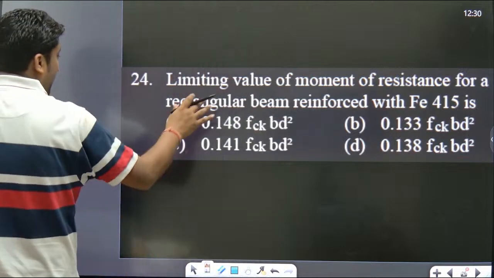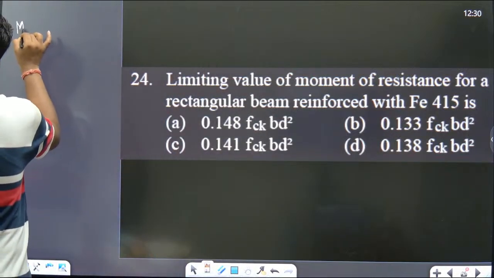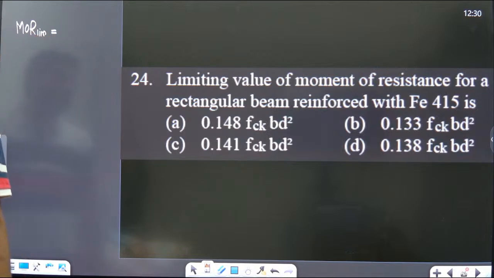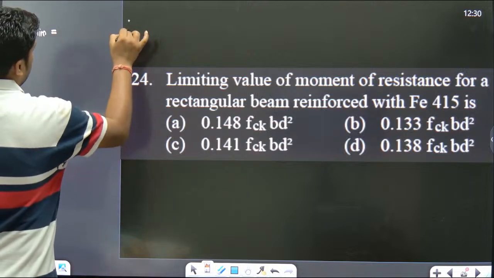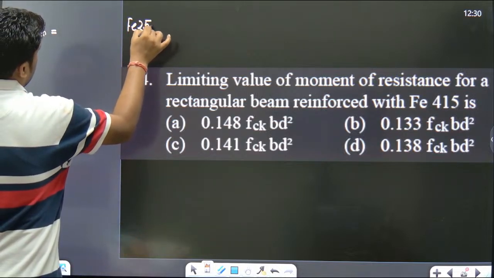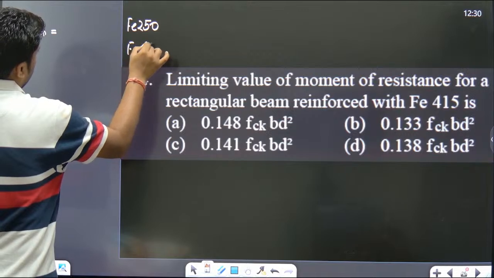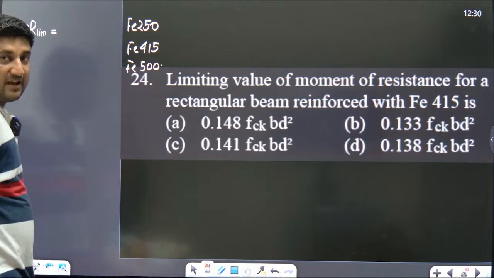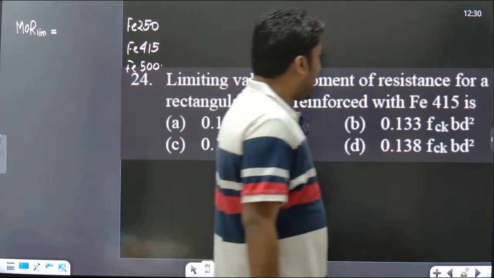So what is the maximum moment that a beam can resist? Limiting moment of resistance for a rectangular beam of reinforcement Fe415. For Fe250 we have seen the value, for Fe415 and for Fe500. Here you are asked about Fe415.